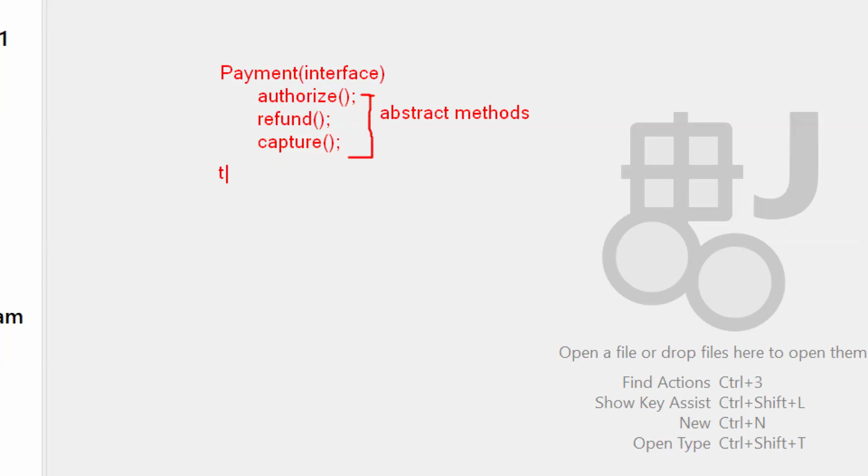Next, I'm creating one class called, let's say, credit card payment. And the other one is a debit card payment. So what are these two? Classes. Credit card payment is one class, it is an implementation class now.